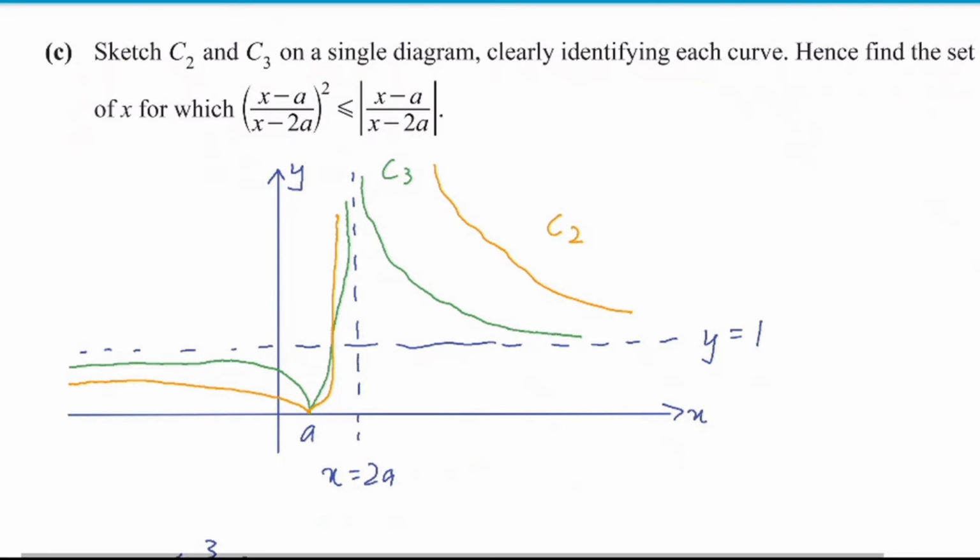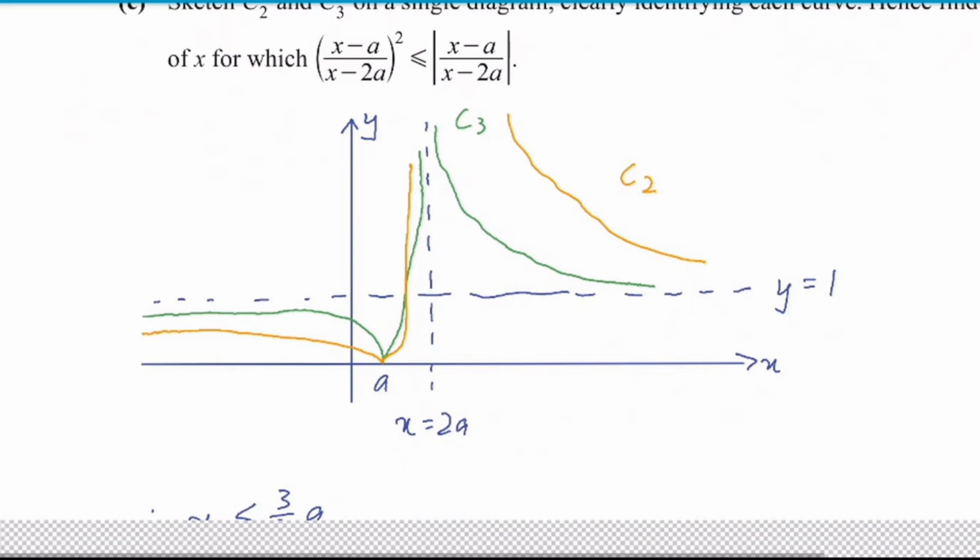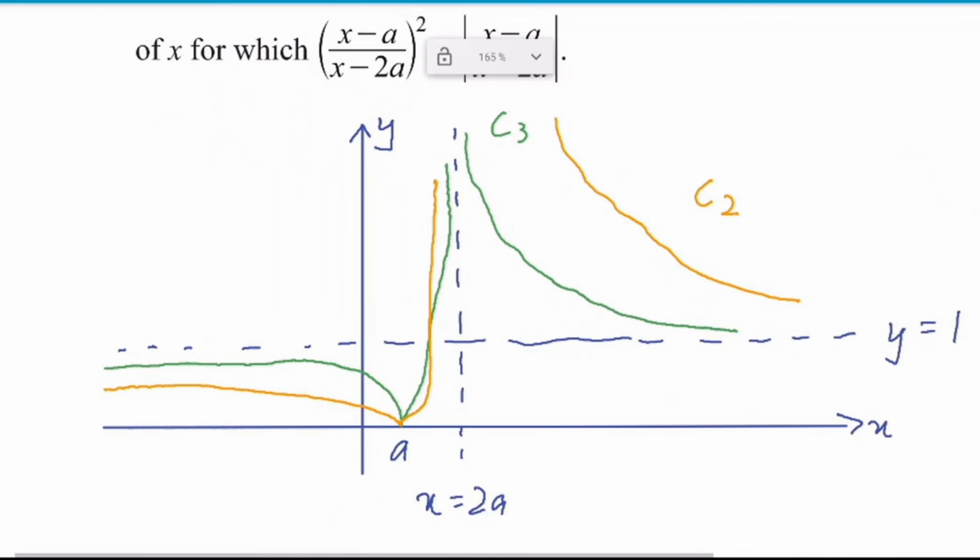Remember what we learned for y equals to y squared: we actually square that. So if the green part here, let's look from here onward, if this is our C3, when we square that, we get a curve which is higher.